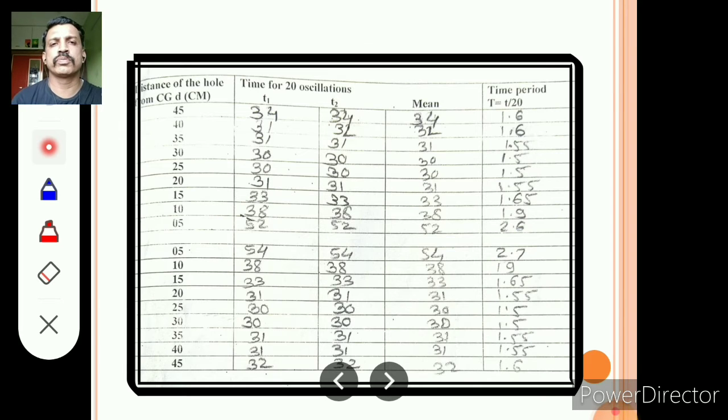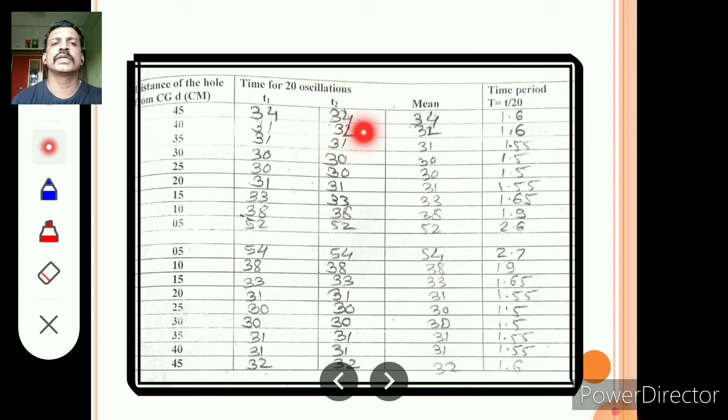So these are the observations which we have taken in the observation table. From the center, at 0 the first hole, then 5 centimeter, second 10, third 15, 20, 25, 30, 40 and 45. Like this from center to top and again from center to bottom, 5, 10 like this. For each distance we have taken 2 readings and again we take the mean, and after that we find out the time period.